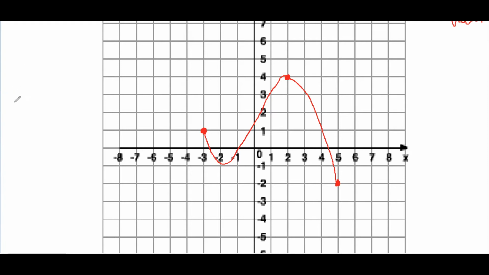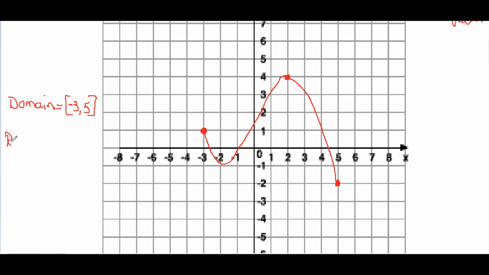So I could say that the domain equals, let's see, I've got a closed dot here, so that means bracket. The number accompanied with it is -3, comma, and on the right side of this interval I'm going to have the closed dot, which is another bracket, and the number associated with that is +5. And so here's how I write the domain. All from -3 over to 5 is encompassing all the x values on this line.